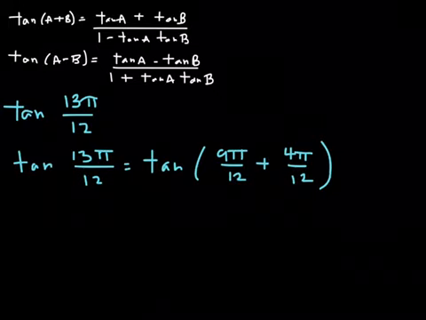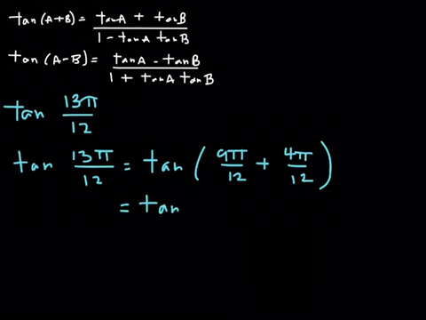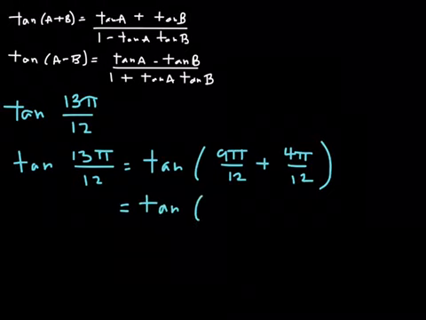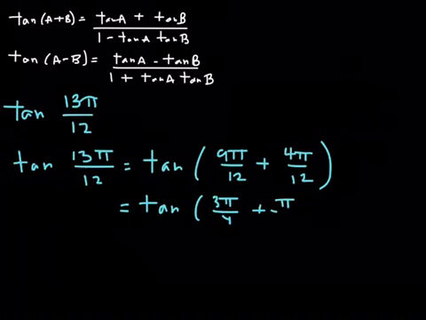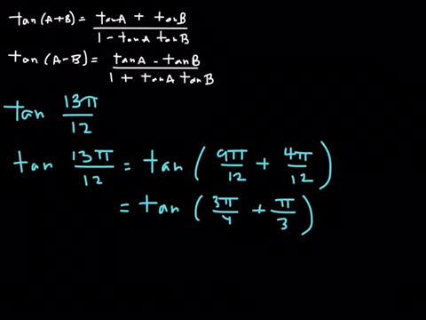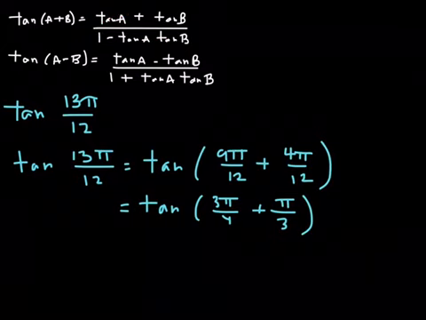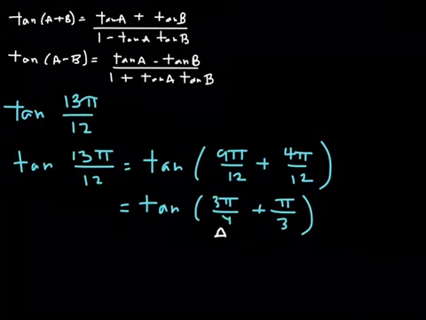So then this would be equal to tangent of, simplify each one of these fractions, 3 pi over 4 plus pi over 3. Okay? So now what I'm going to do is use my sum identity for tangent. That is, I'm going to follow this pattern up here, right? Where when I apply it, 3 pi over 4 is my A, and then this is my B. All right, so here we go.